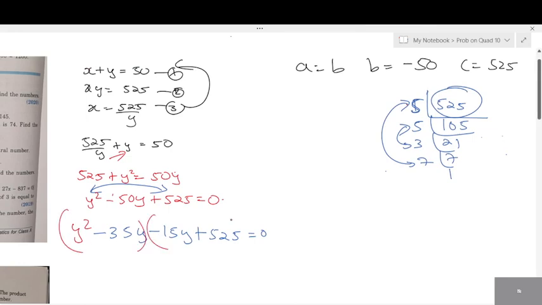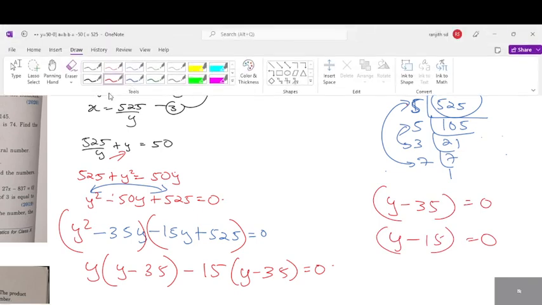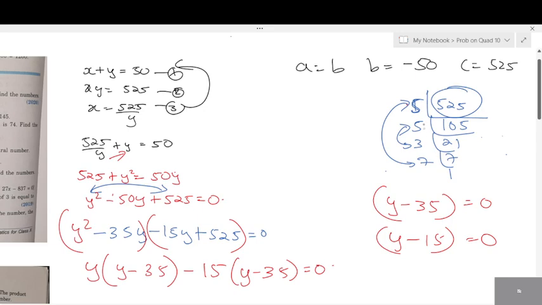Pair these two: y minus 35, then y minus 15. Y minus 35 is equal to 0. Y minus 15 is equal to 0. So you can use even this method.